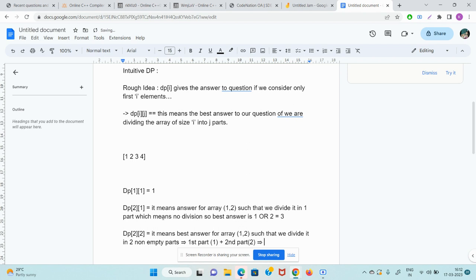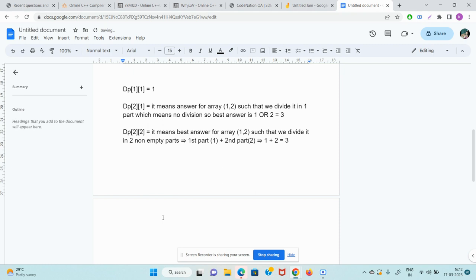This gives 1 plus 2 equals 3. When there is only one number, you don't need to do any bitwise OR, guys. Now if we were asked dp[3][1], it means the best answer for array 1, 2, 3 divided in one part. If you are only dividing in one part, the answer is 1 OR 2 OR 3, which is 7.